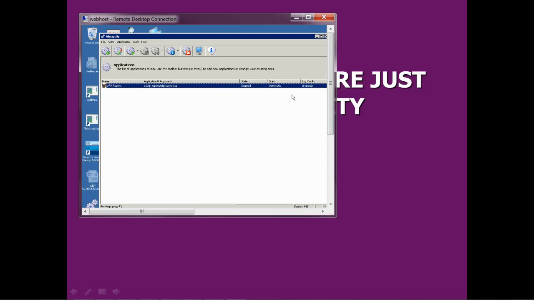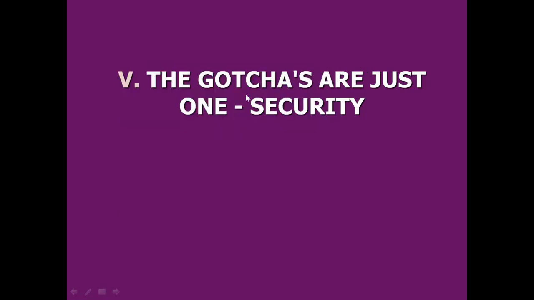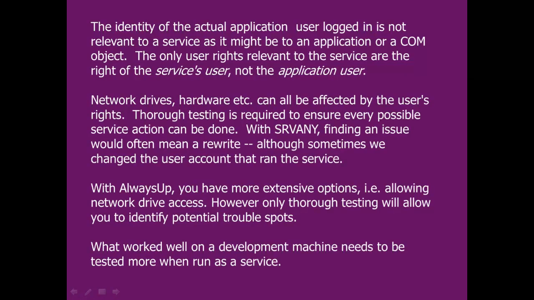All right. Now, before we do our live example, there is a gotcha here. And that gotcha involves security. And that is that when you have an application running or a COM object running, you're subject to the rights, whether it be network rights or hard drive rights, NTFS permissions, whatever, of whoever the user is that's logged in.